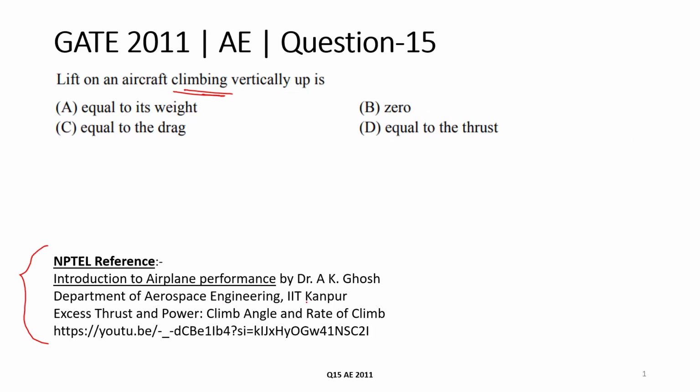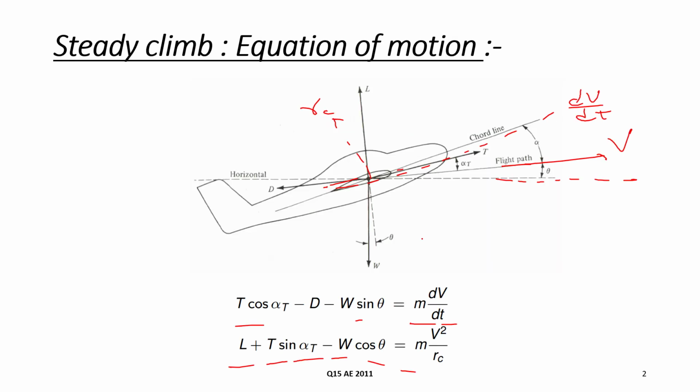Now you see in the problem it is given that the aircraft is climbing vertically up. So thrust will be only in this direction. We assume that alpha t is very small. If alpha t is very small, then the radius of curvature is infinity.